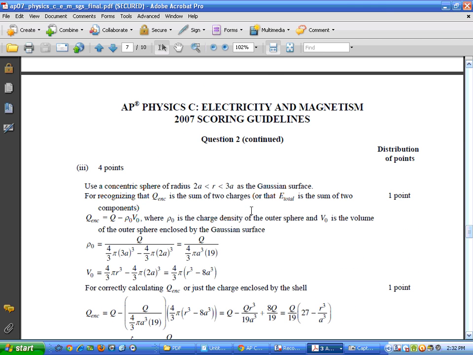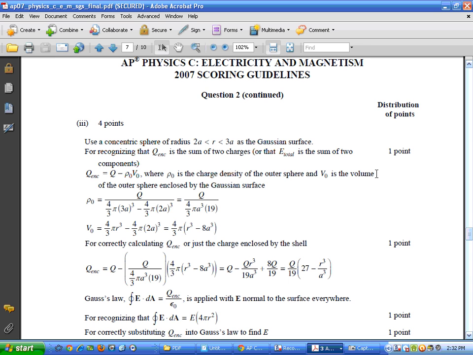Part 3, again, was the part that was messy, but it was worth 4 points. That's because there were a lot more things to show. So recognizing that the enclosed charge is the sum of two charges, where we had, it's hard to read, but this is an equal sign, that charge Q from the inside shell, which is the part that I almost forgot, plus this other charge here. They have that negative sign there because it was a negative charge. Showing that you knew you had to add those things together was 1 point.